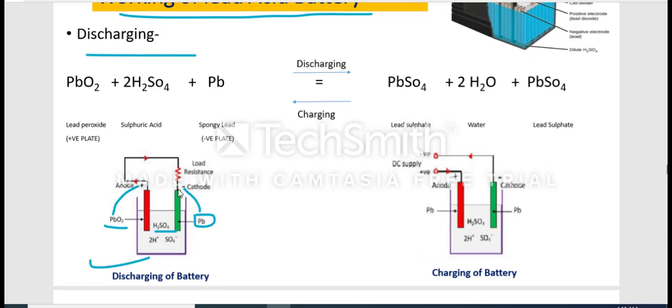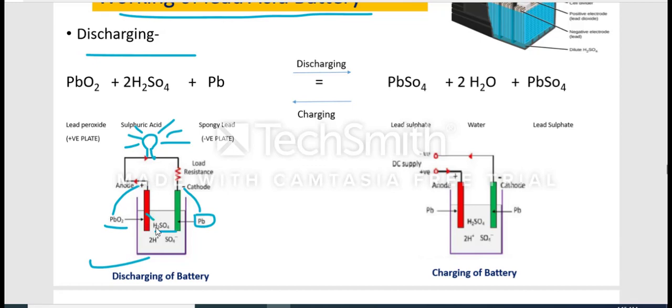Discharging in the sense we are using electricity from the battery. Suppose one bulb is attached and it is lighting, means we are using the electricity from the battery. So what happens here, the positive H plus ion moves towards the anode.